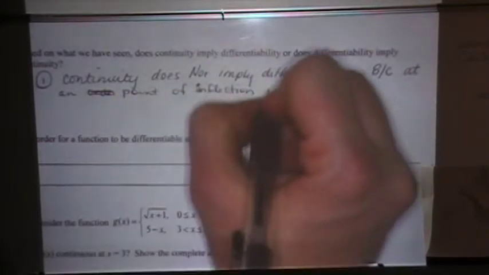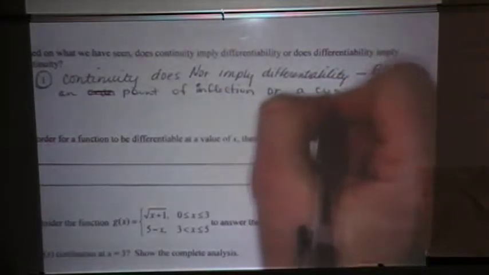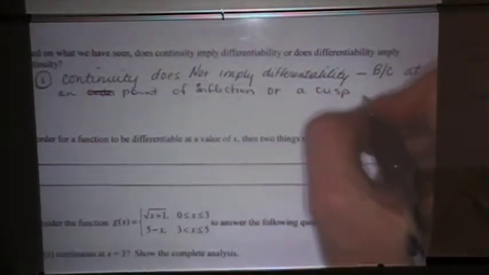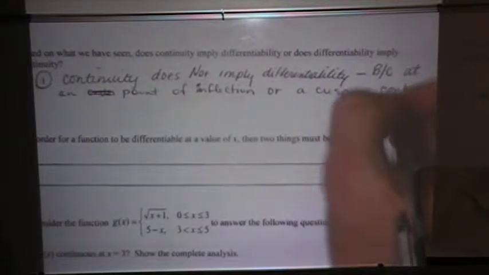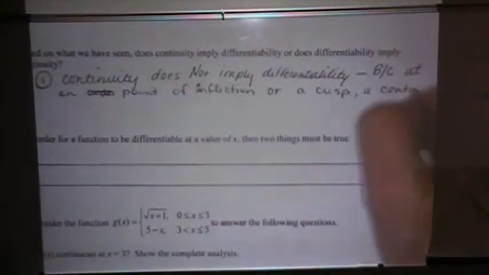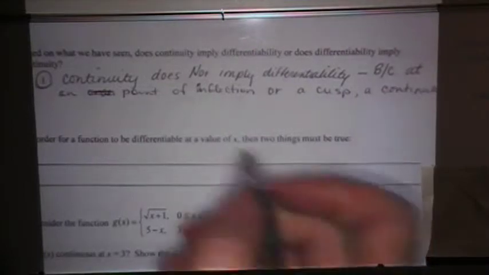Because at a point of inflection, or a cusp, a continuous function is not differentiable.